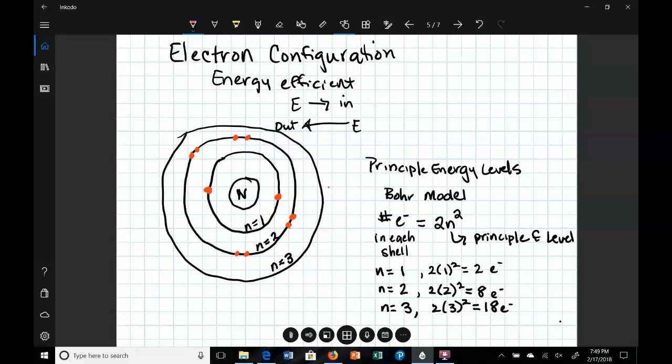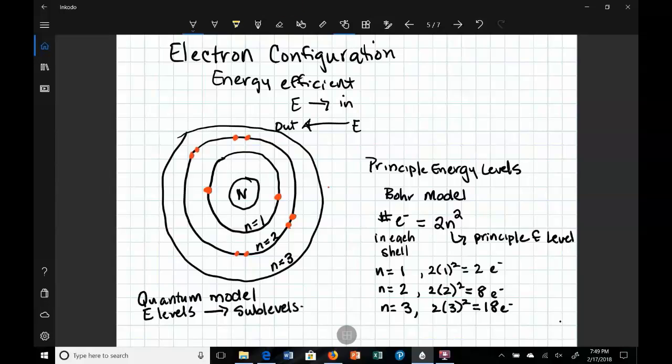the atom. If we're thinking about the quantum model, the energy levels are broken down into sublevels, which then house orbitals. This is a simplified version of the quantum model, but we'll take a closer look at each of these.